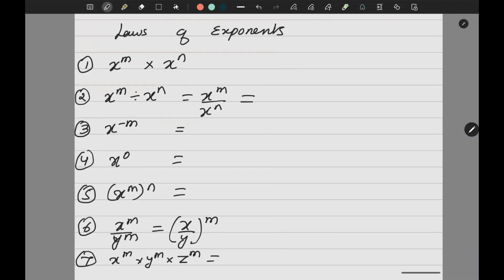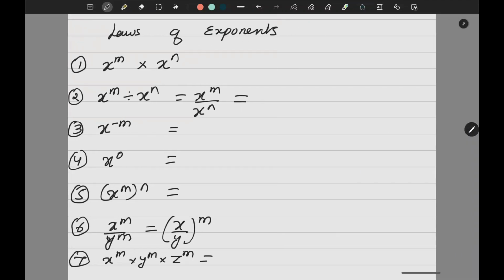Okay, now let's come to the next thing. Now one part of the chapter is done. Now let us quickly revise the laws of exponent. These are the laws which we will be using while doing questions. Now see, the first law says that the base is the same, power is different and we are multiplying. Then this is equal to x to the power m plus n.